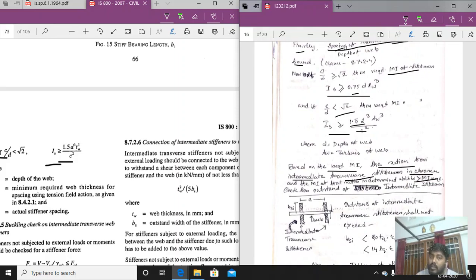A section is chosen, similarly as in the case of the normal bearing stiffener. The moment of inertia is then determined again, and it should be greater than the required value. That is the criteria we have to fulfill, from clause number 8.7.2.